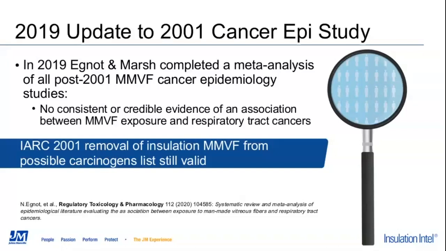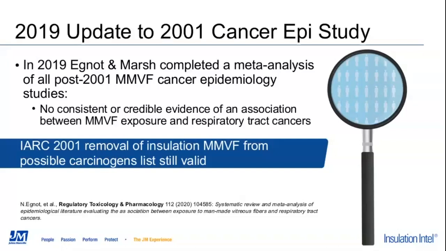And there were quite a few. They went through all of them and did the analysis. Their ultimate conclusion is essentially no consistent or credible evidence of an association between man-made vitreous fiber exposure and respiratory tract cancer. We're using slightly different terminology now: instead of respiratory system cancer, we're saying respiratory tract cancer. But the upshot is still the same. IARC's 2001 removal of insulation fibers from the possible carcinogens list is still valid.